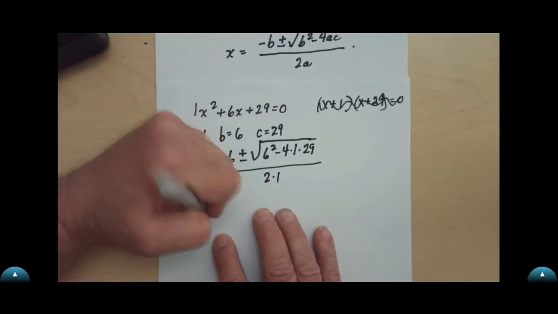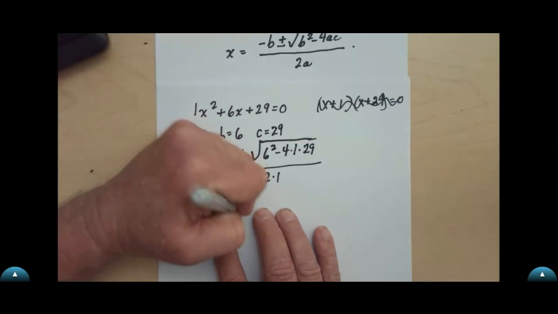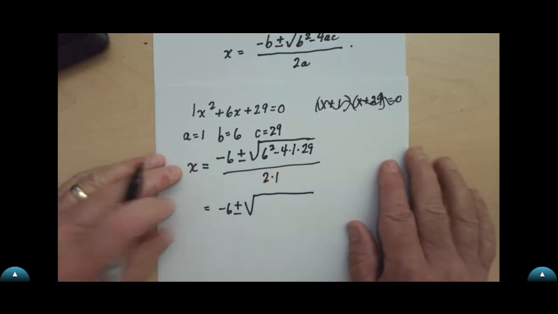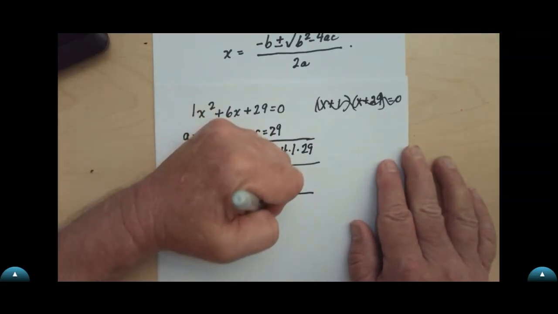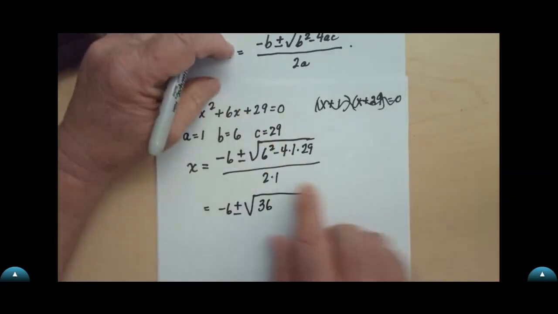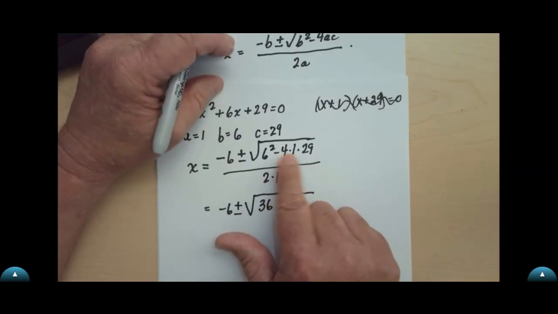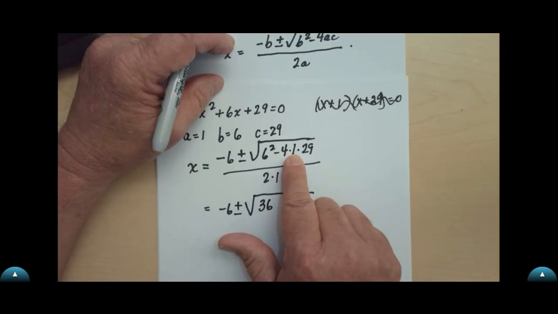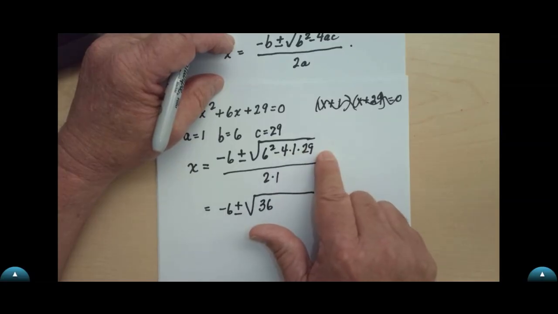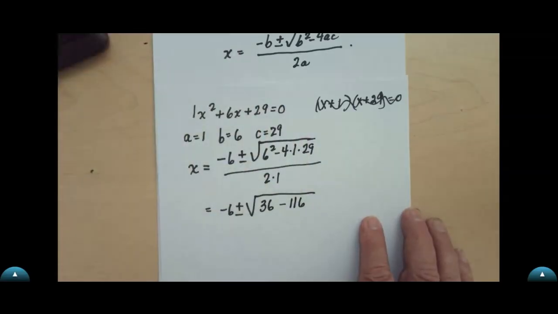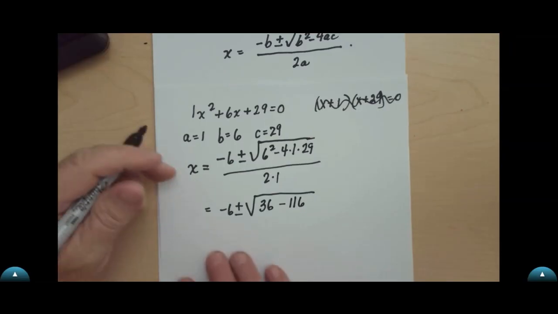And so now I just need to simplify it. So negative 6 plus or minus the square root of 6 squared is 36, right? 6 times 6. Minus 4 times 1 times 29. Well, negative 4 times 1 is negative 4. Negative 4 times 29, I think, is negative 116. I believe that's right.